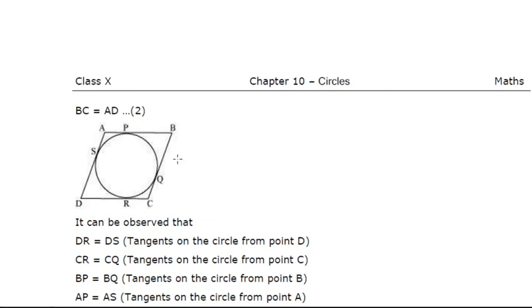Now you know that the sum of these two sides is also 4x, because any quadrilateral circumscribing a circle has a property that the sum of opposite sides is equal. This and this sum equal this and this sum. It means this sum is also 4x, and since this is a parallelogram, this is also 2x, this is also 2x.